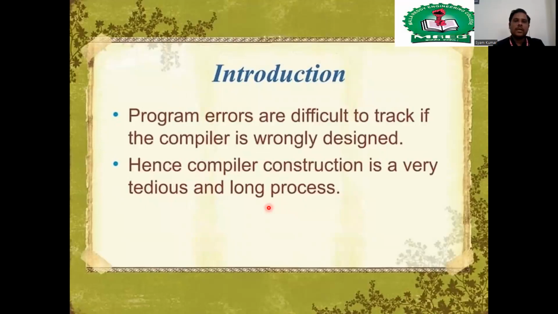So programmer errors are difficult to track if the compiler is wrongly designed. Generally, every programmer invents one language, that is the programming language. That programming language is very difficult, because how the high level language is translated so the computer can understand it is very important. Every programmer who invents a language must also invent a compiler.